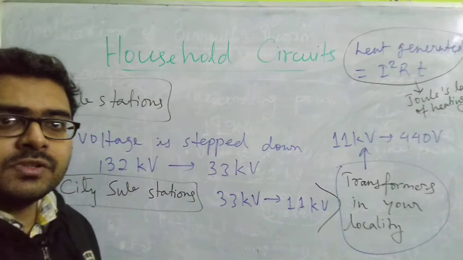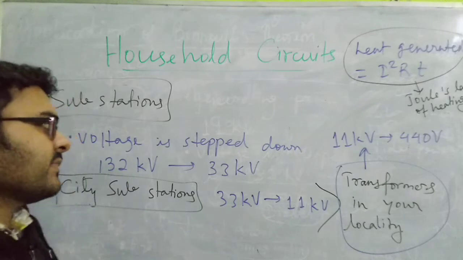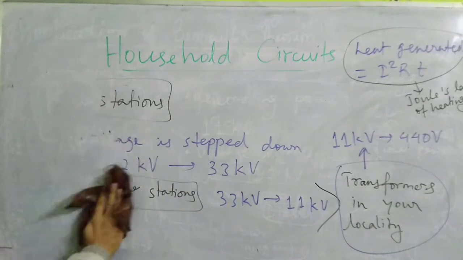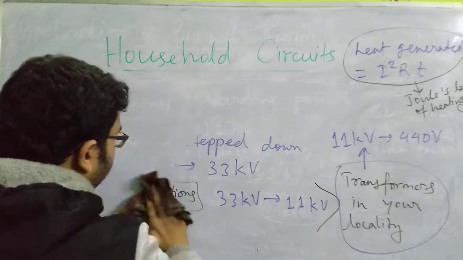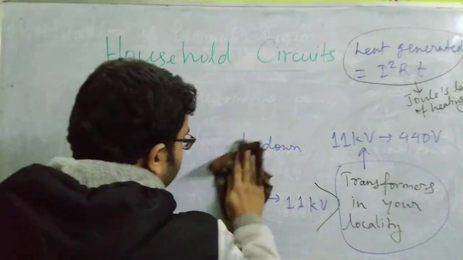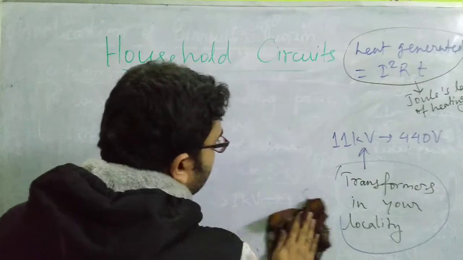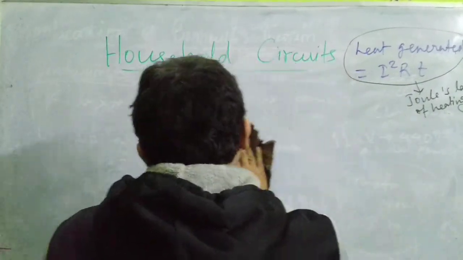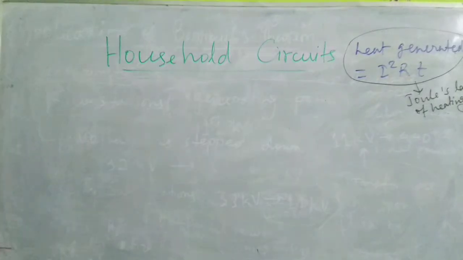There is a main switch and a meter box. At the end of say 3 months, or at some places 1 month, people come to your house and take the reading from the meter box, and accordingly you have to pay the bill.